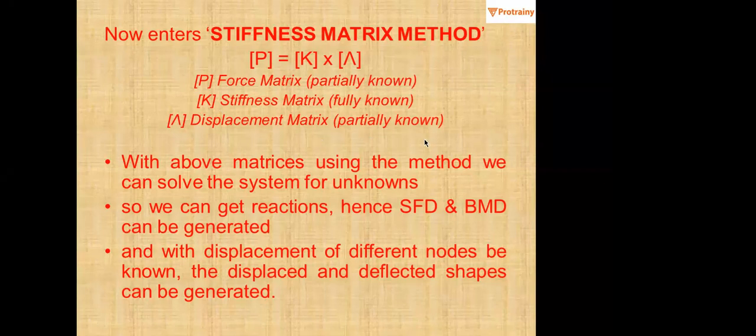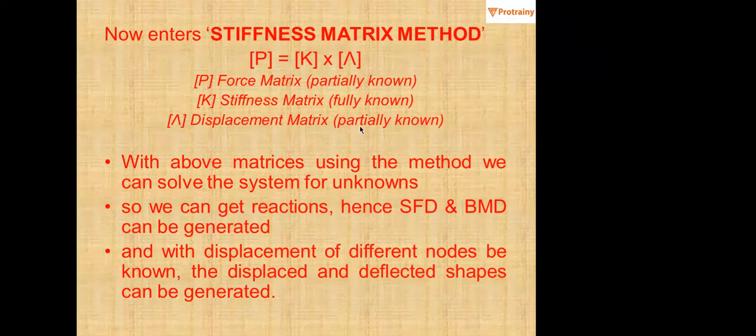It is again partially known, because we are assuming this load is going to act on this particular structure, and because of this load, this will be the displacement. But if we are not certain about the load, how can we be certain about the displacement?